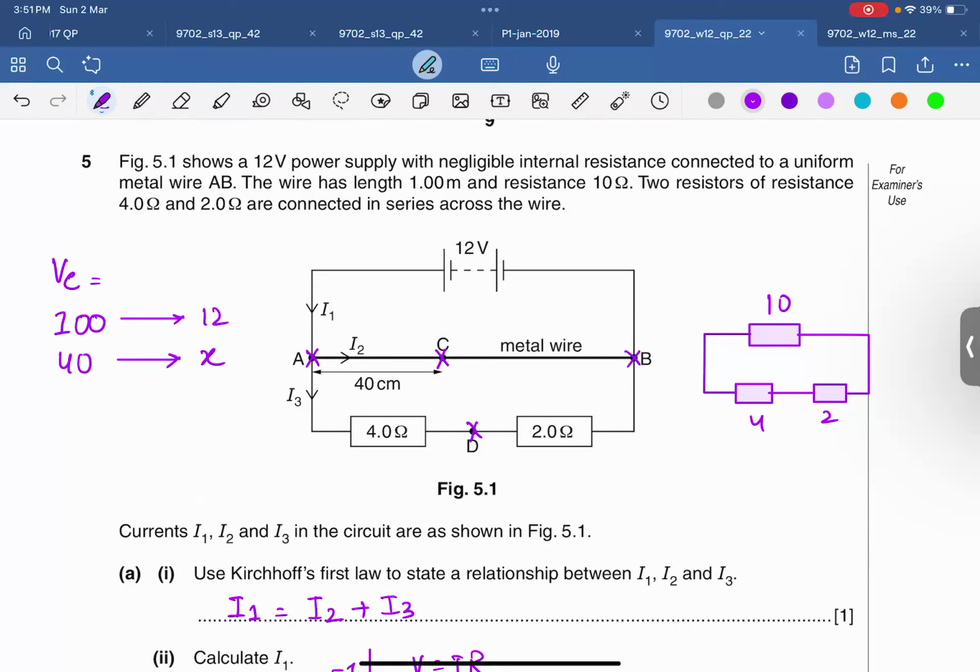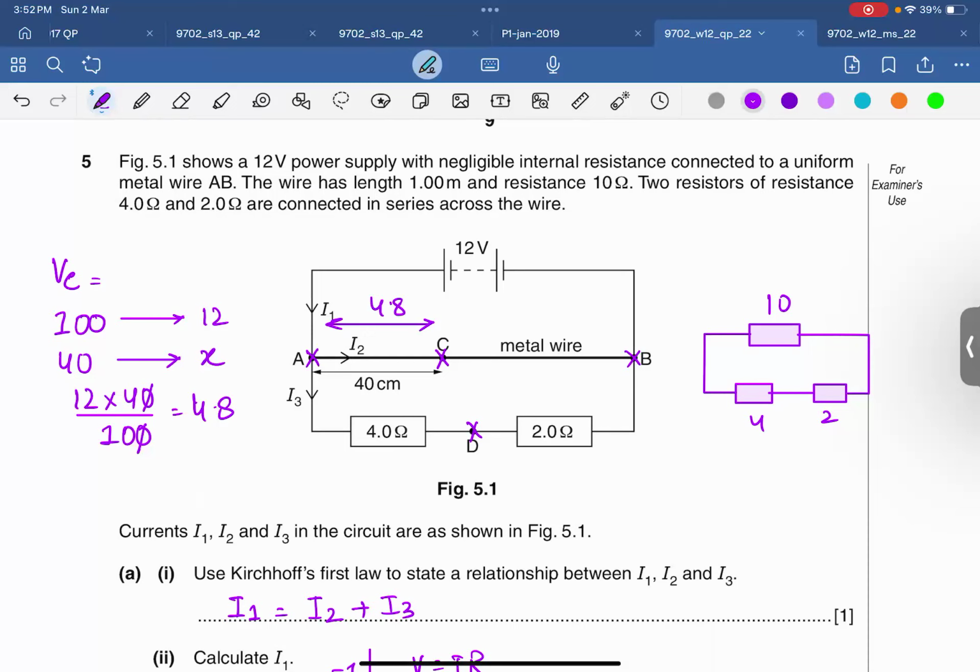You just do cross multiplication, 12 into 40 divided by 100, which is 4.8. So the potential difference across AC is 4.8, which means 4.8 is lost here.